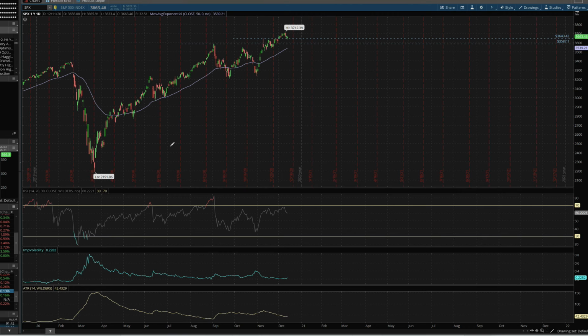Looking at the SPX, I personally trade the SPX for higher returns because unlike the SPY, the SPX is trading at $3,700 right now, pushing almost $4,000.